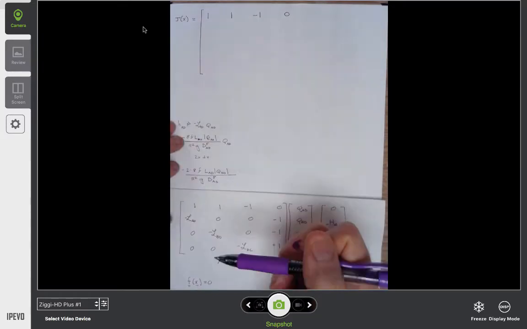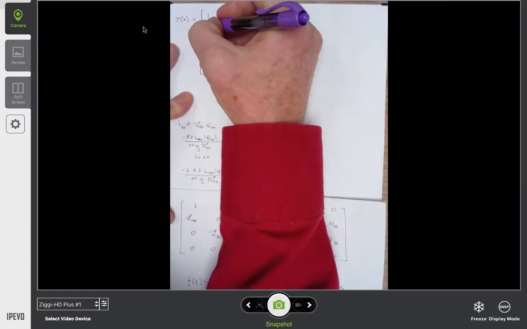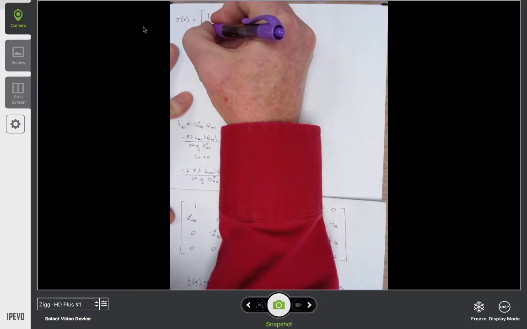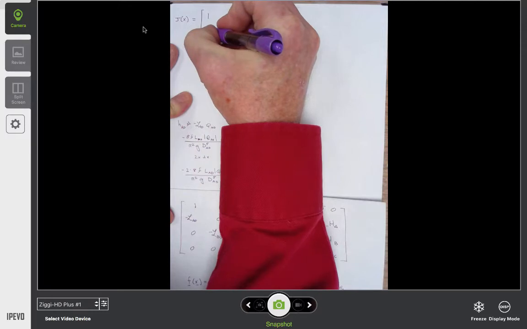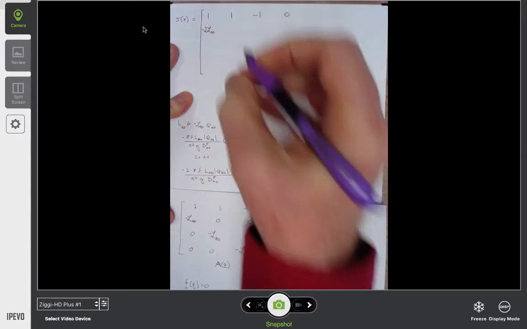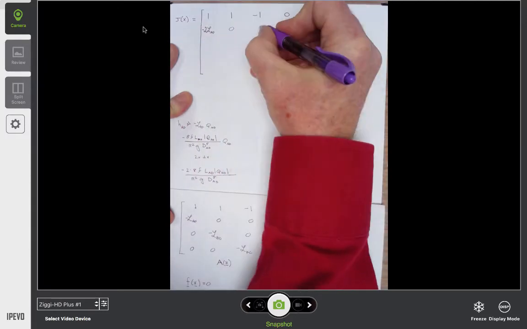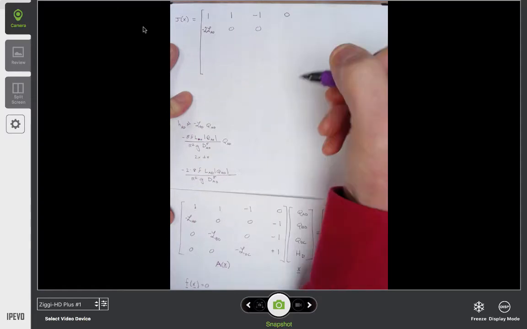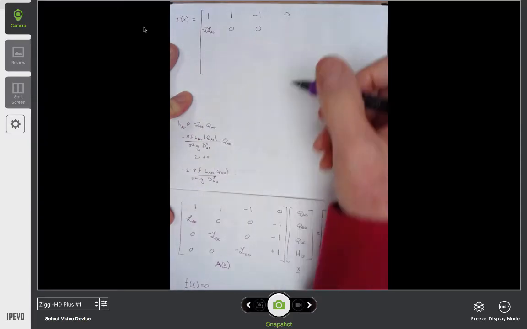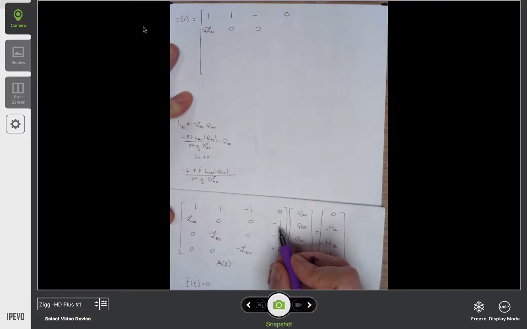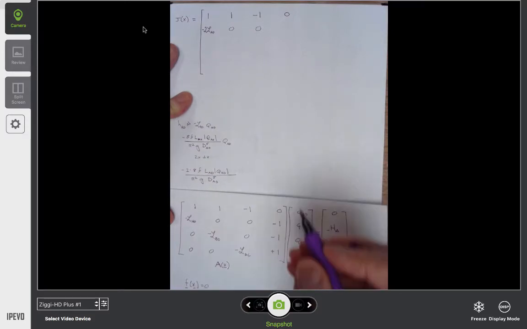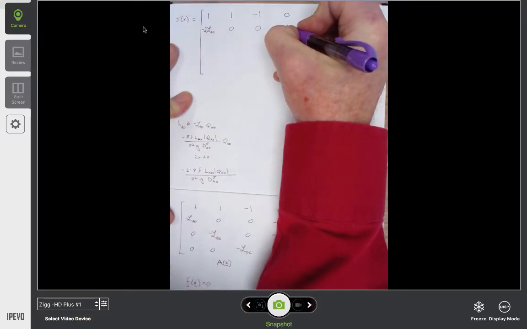So let's go ahead and write those in. So this one's going to become minus 2 LAD, 0, 0, and then finally the second row with respect to HD is going to be minus 1.